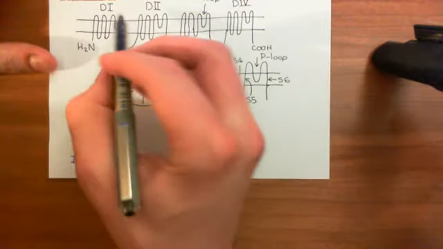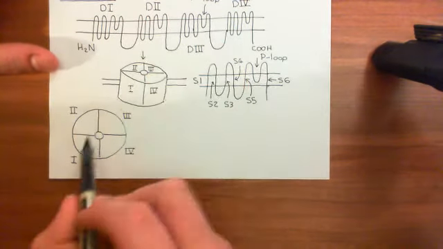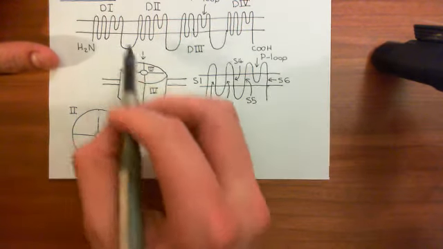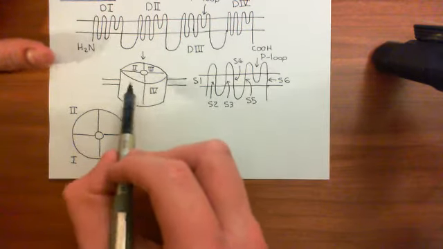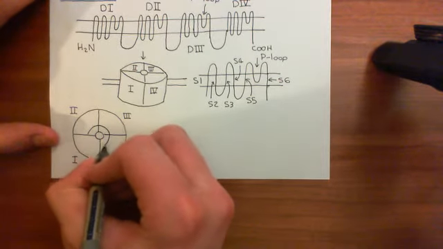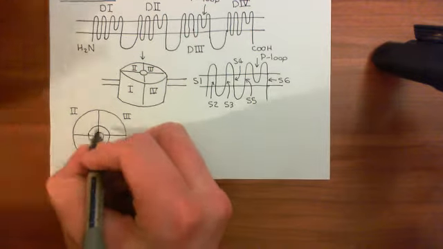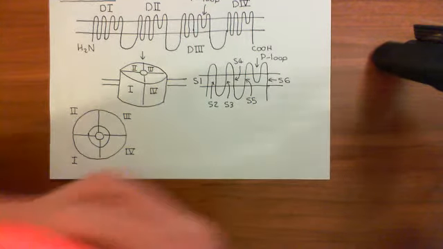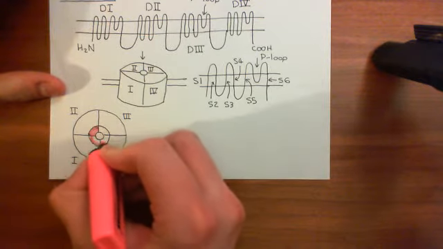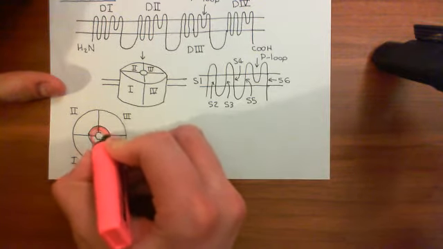Basically, the portion of each domain that is closest to the pore, at least on the extracellular side of the channel, is the P-loop. This little inner ring here is made up of the P-loops. I'll colour them in red here.